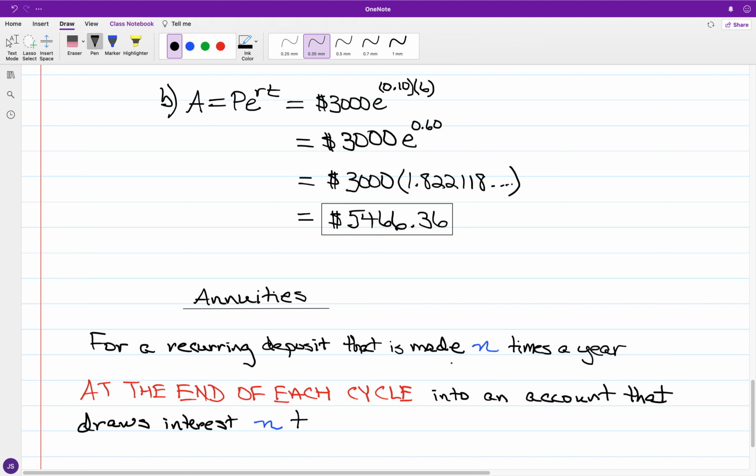So the frequency of the deposits as well as the frequency upon which interest is compounded will be the same values, n times a year.